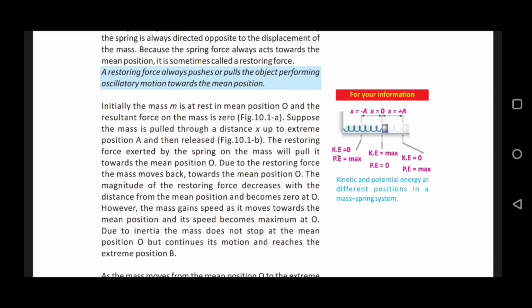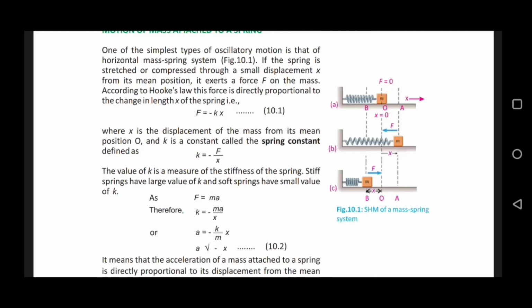We see from figure B that there is a force acting on mass m due to the spring from position A to O, which is always directed towards the mean position. And in figure C, there is a force acting on mass m due to the spring towards the mean position.